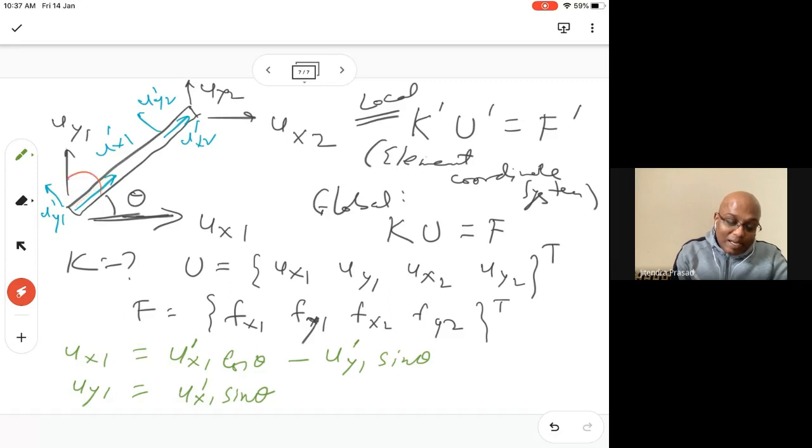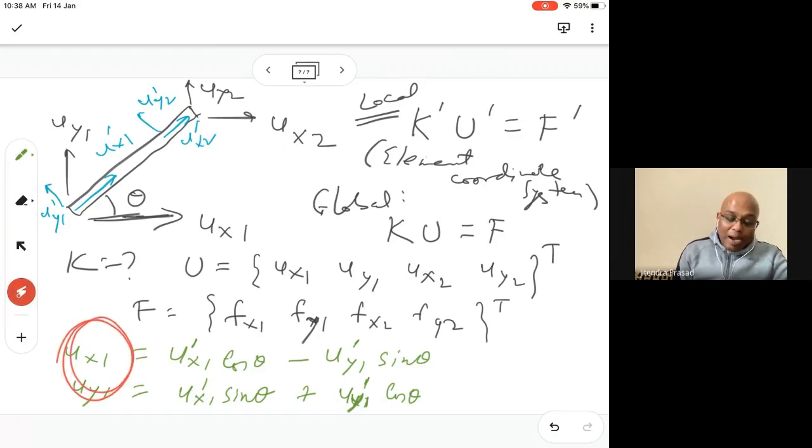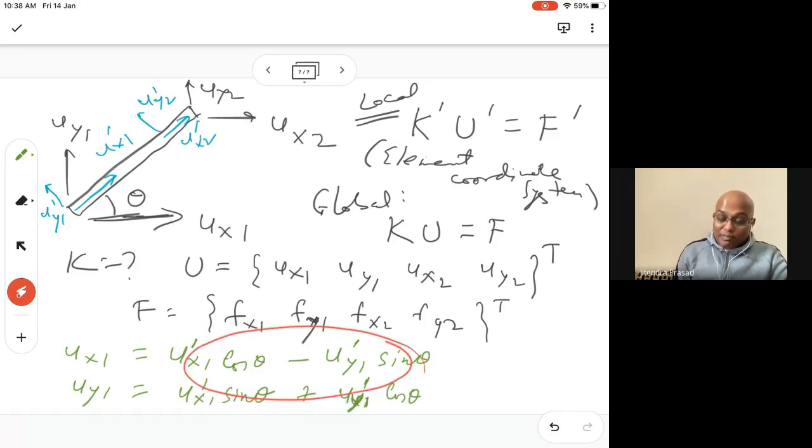So sine theta here, 90 minus theta here also, so this will be uy1 dash cos theta plus ux1 dash sine theta. Okay, so you see here the global system can be obtained in terms of the local system.